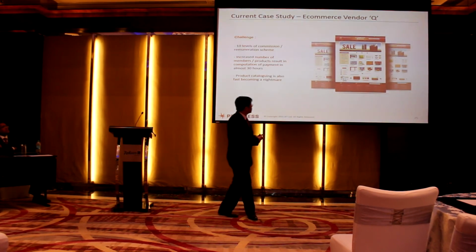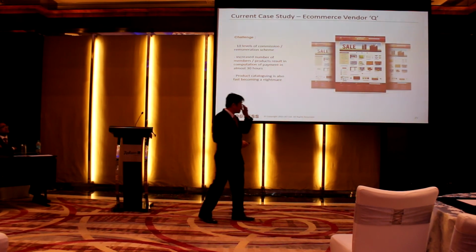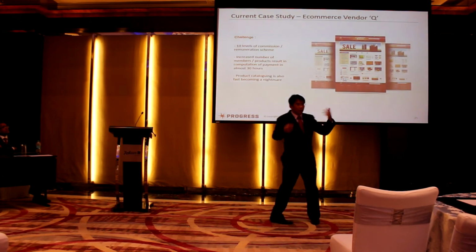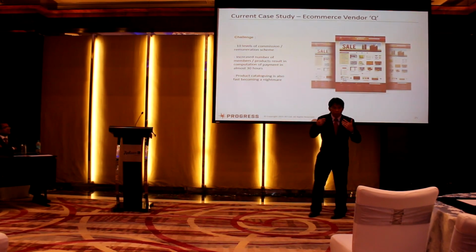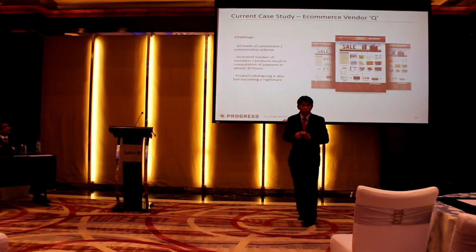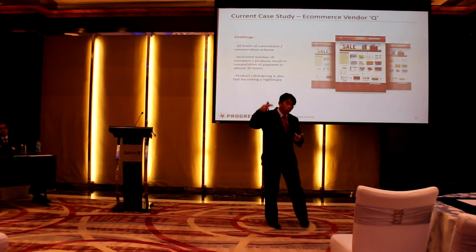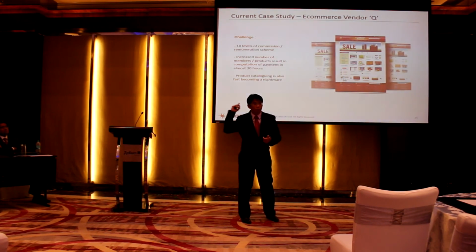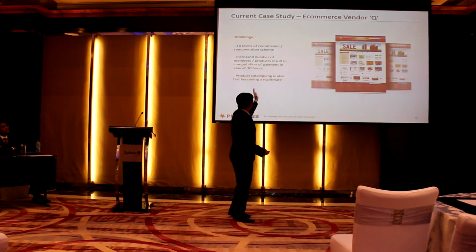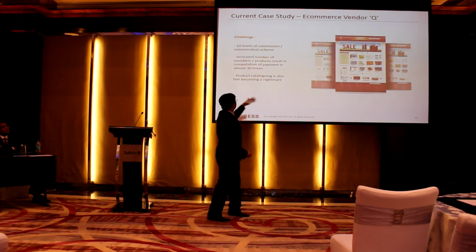So this is one particular e-commerce vendor. Why are they calling us and asking us to help them? Because number one, they don't want to lose out to their competitors who are able to change faster. They have 10 levels of commissions in their remuneration scheme, something like a multi-level scheme.